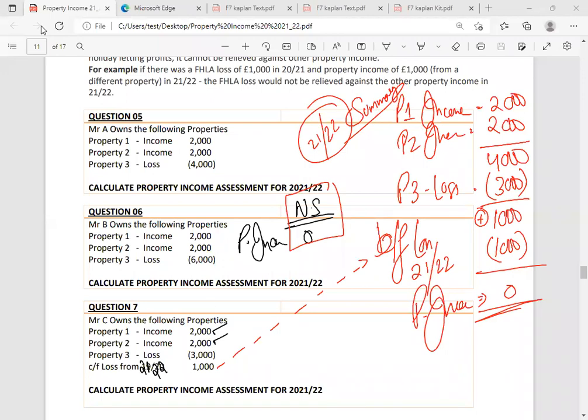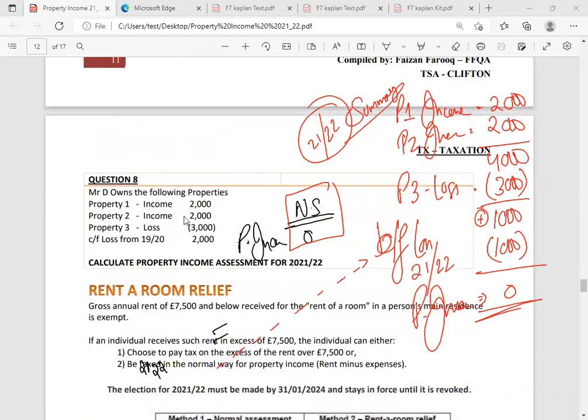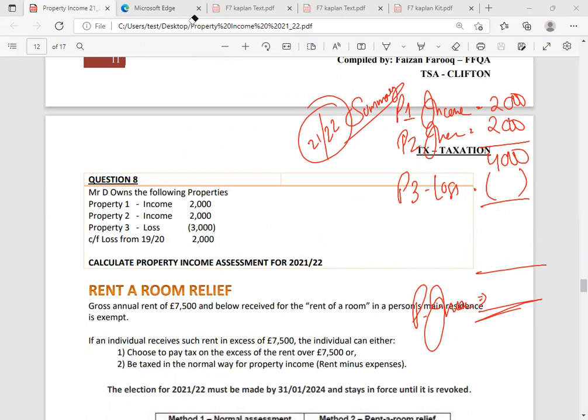Now, the next question. Please read out the question. See what the difference is. Mr. D owns the following properties: property 1, income 2000, property 2, income 2000, property 3, loss 3000, carry forward loss from 2020 to 2021, 2000. Calculate property income assessment for 2021 to 2022.